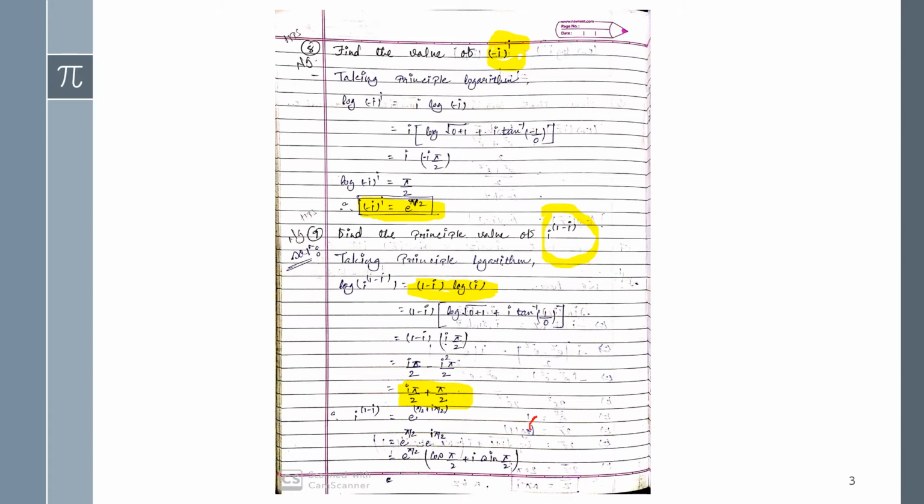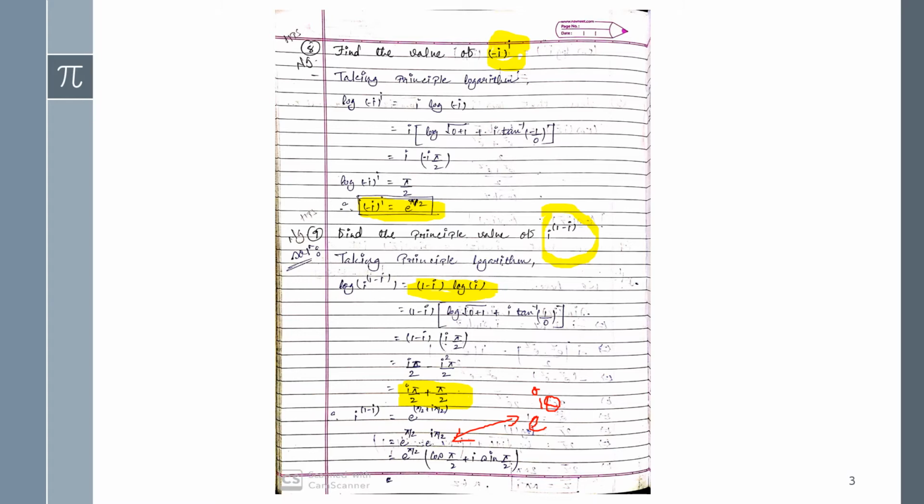I'm writing here, guys, please observe this: e raised to i theta, right? So this one you can compare with the formula. This is actually your cis theta, that is, cos theta plus i sin theta, and as an angle it is given pi by 2. So this one will be cos pi by 2 plus i sin pi by 2.